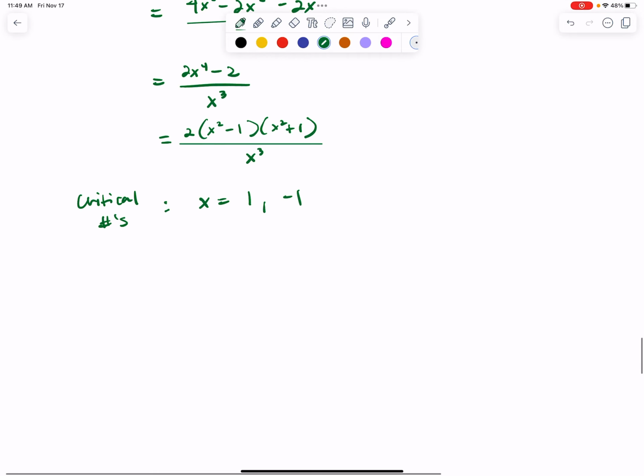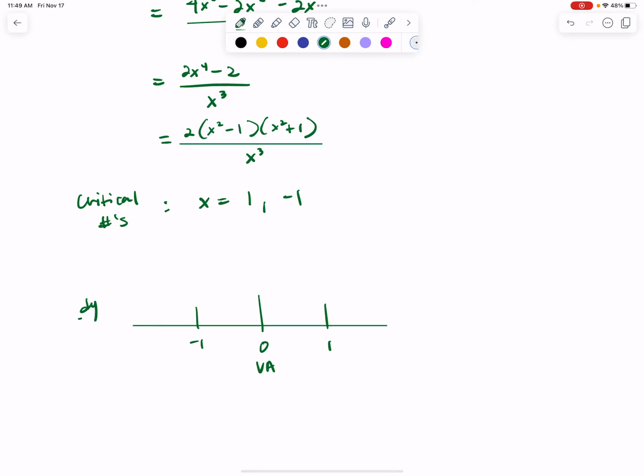It couldn't be the location of a relative max or min, but my suggestion is when you make your analysis line, put 0 on it and label it. It's a vertical asymptote. And then we have negative 1 and 1 as our critical numbers. This is for dy over dx.